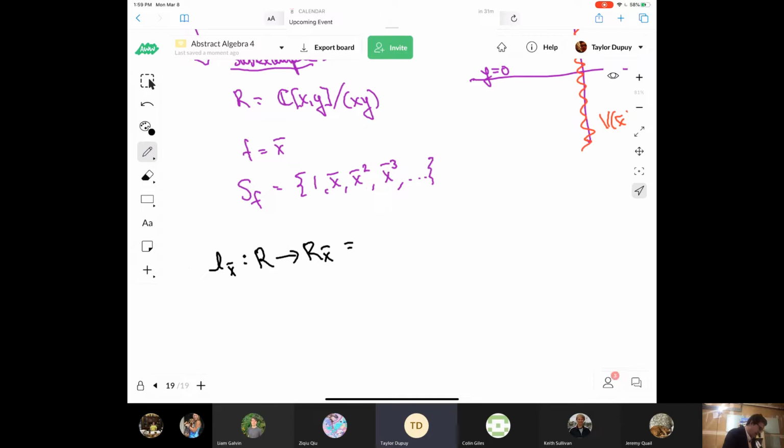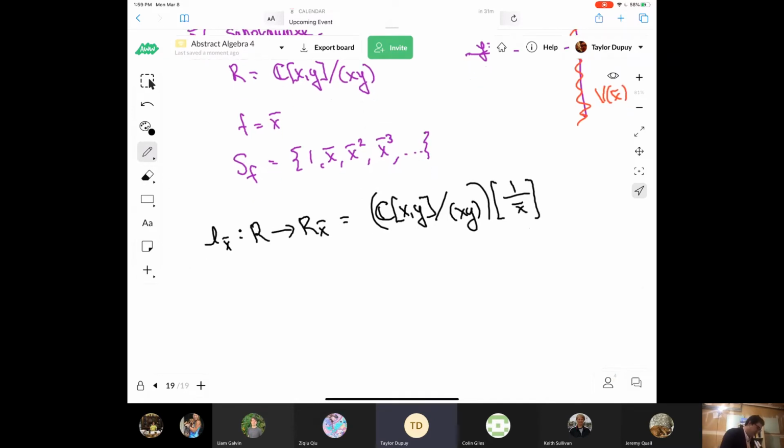This looks like C[x,y] mod (xy), localized at 1 over x bar. Now what I wanted to show you is that y bar over 1 minus 0 over 1 is equivalent to 0. Is this true?